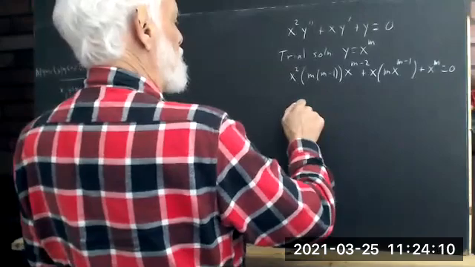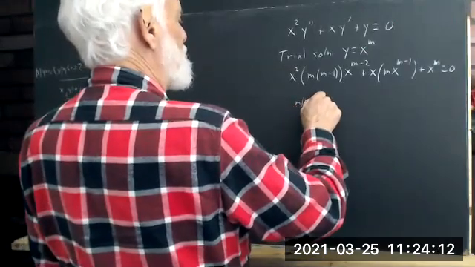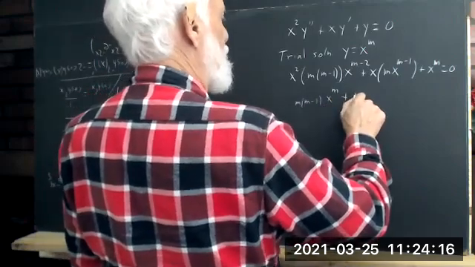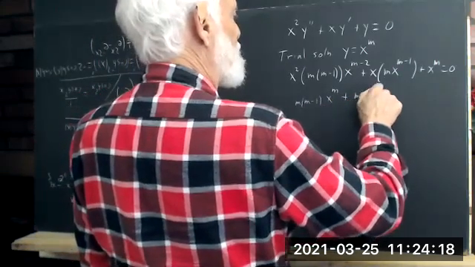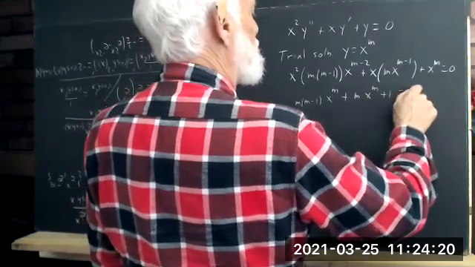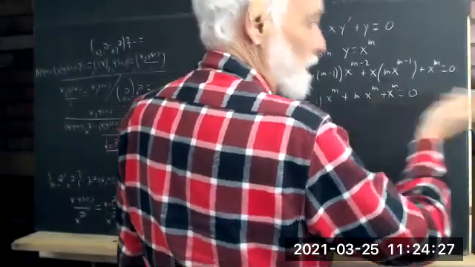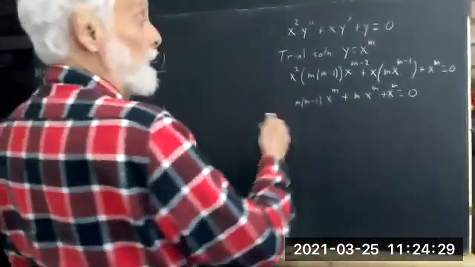And now you can see that you got m times m minus 1 x to the m plus m x to the m plus x to the m equals 0.